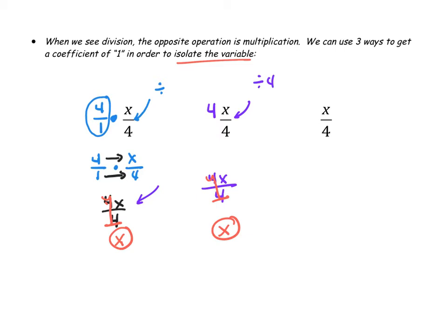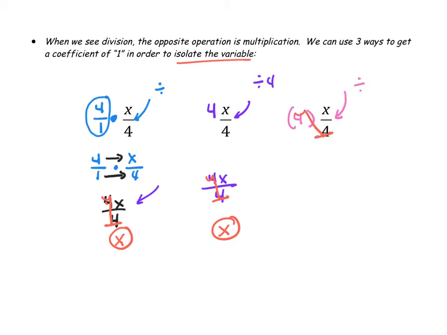So the final way, if you watched the Math Antics video that was posted the other day, he just shows you to multiply by 4, because the opposite of dividing is to multiply. And he just writes it right next to the entire expression. And once again, what happens is that these 4's cancel out.